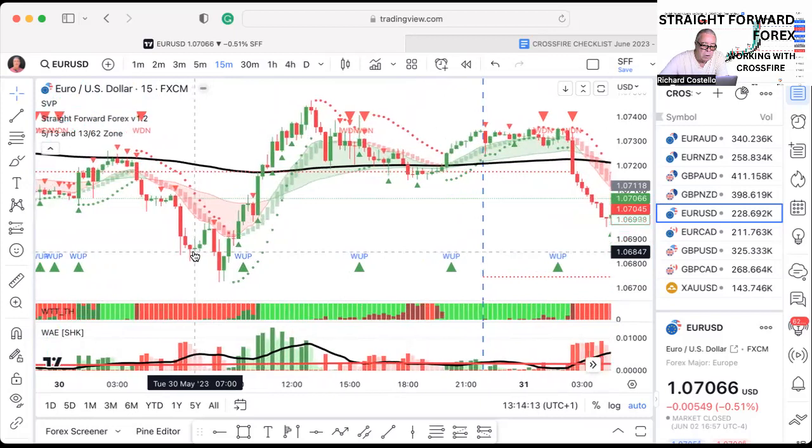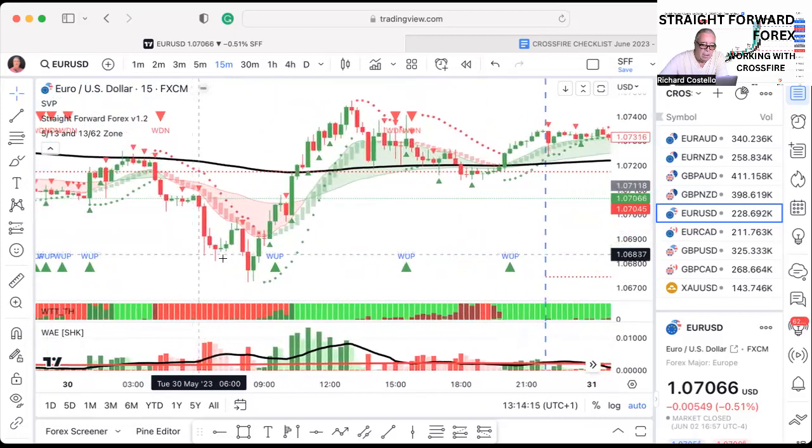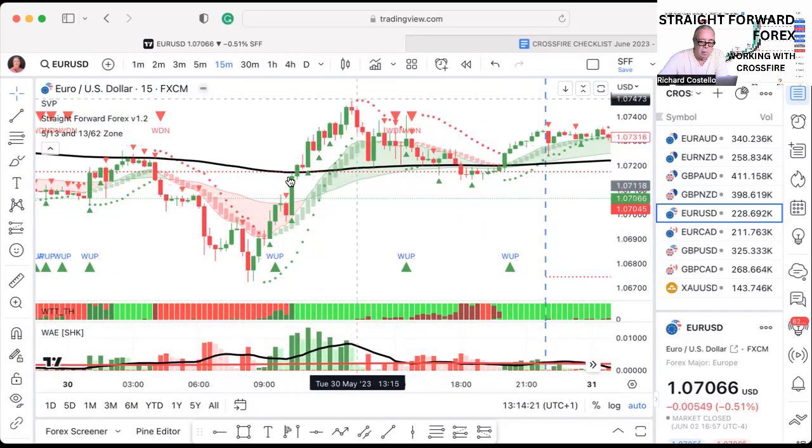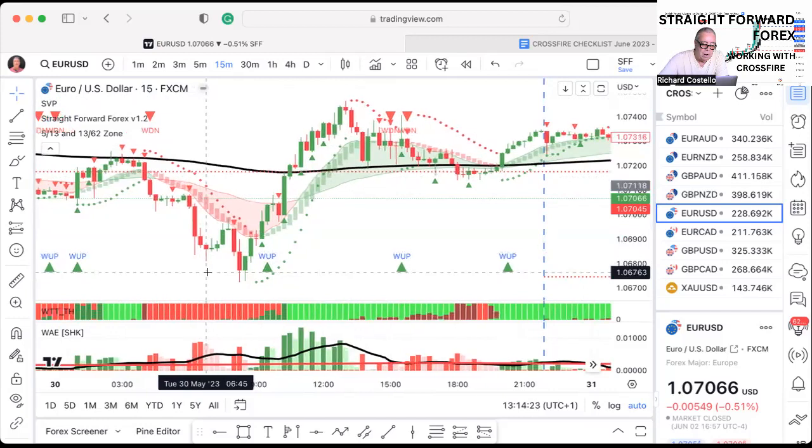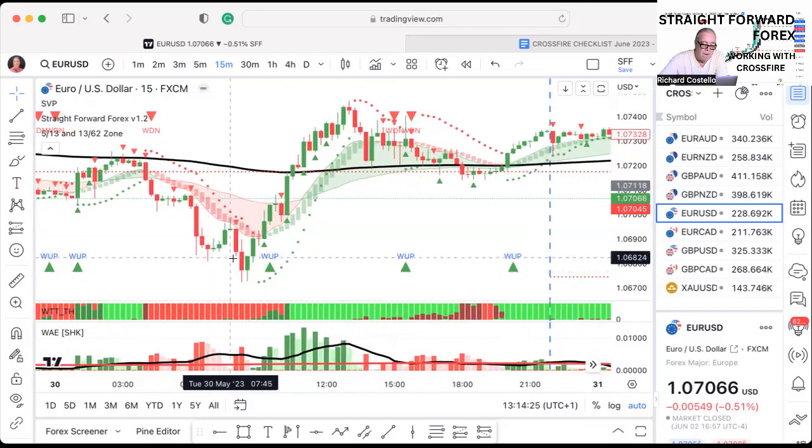What sometimes puts me off is the wicks at the bottom of the candles. Or if we were looking at a buy, I'd be considering the wicks at the top. But in this case, we're looking at a potential sell. There's a wick appeared there. It's very wicky over here as well. So it says to me there's some resistance to price getting below that point, and then price gets below it.